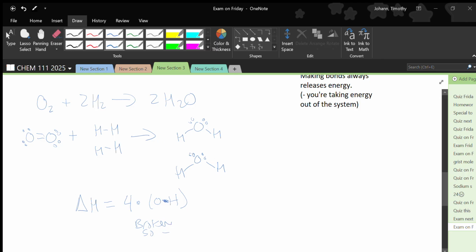Broken, so negative, plus 2 times whatever an HH is worth. I'm sorry, this is formed, so negative. Okay, these are broken, so positive. All right, plus 1 times whatever an OO bond is worth.